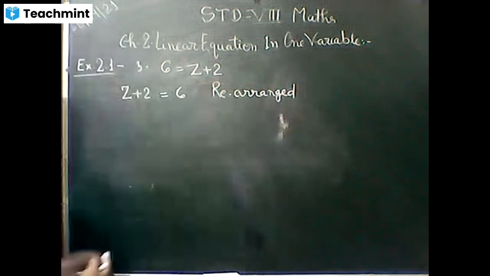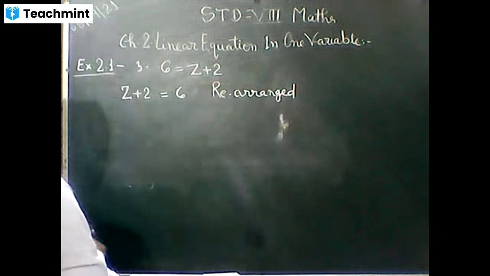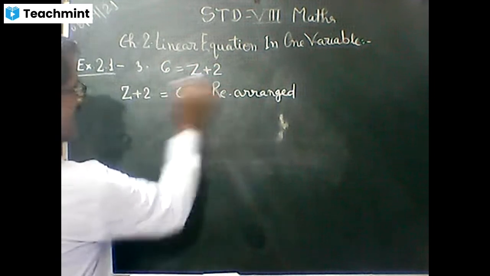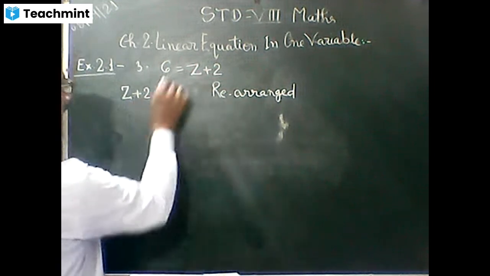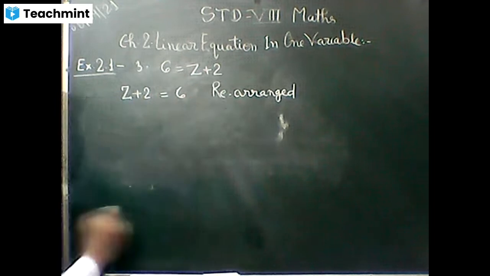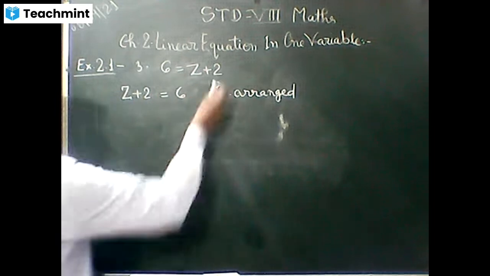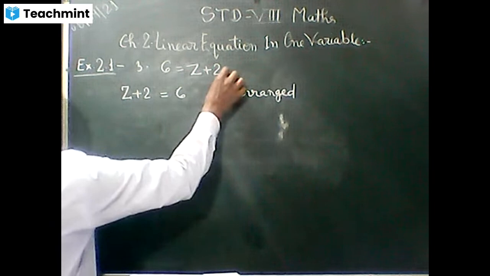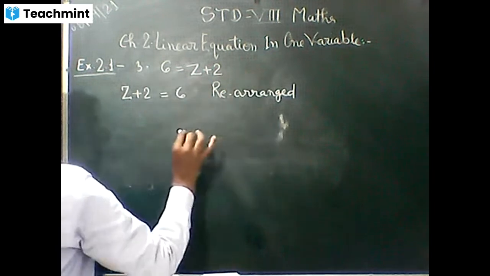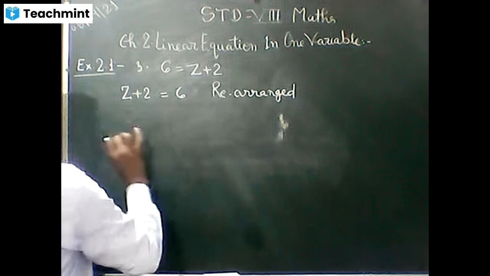Otherwise, if we do not rearrange, we can also find the solution here. So the right hand side comes to the left hand side and the left hand side comes to the right hand side, but there is no difference. If in the same way we solve it, there is no problem. But it is proper to write it rearranged.